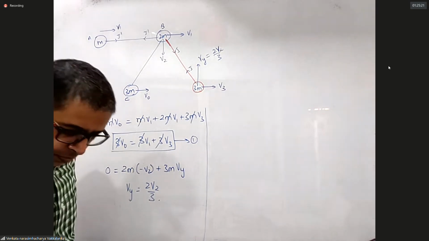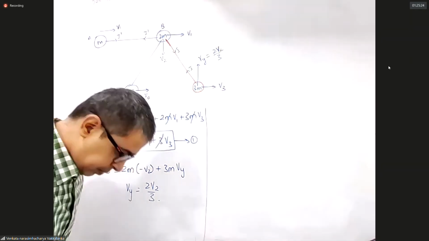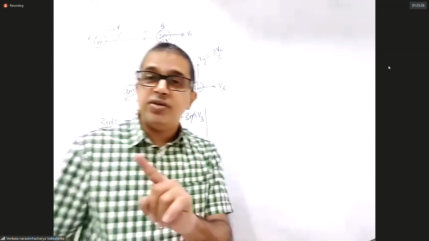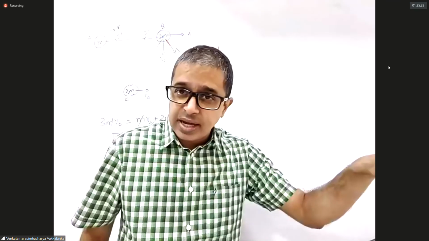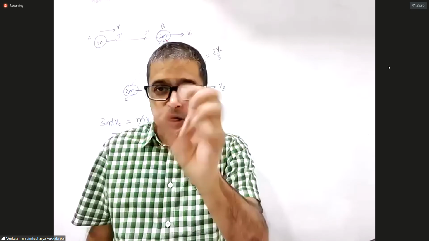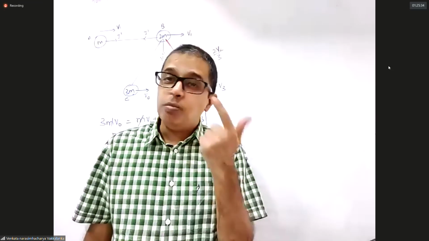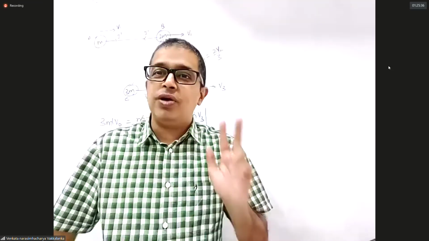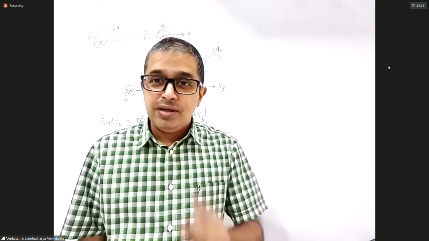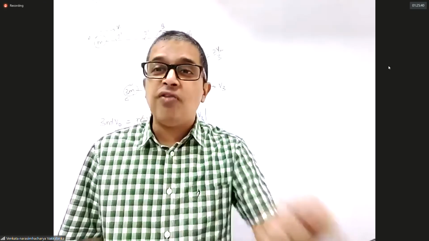Agreed? I have conserved linear momentum along the x-axis and along the y-axis, taking all three particles as one system. Now I have more variables and fewer equations. I will have to think of alternatives.